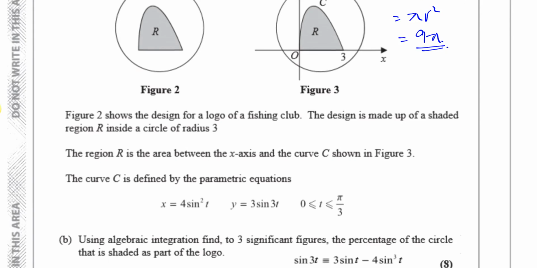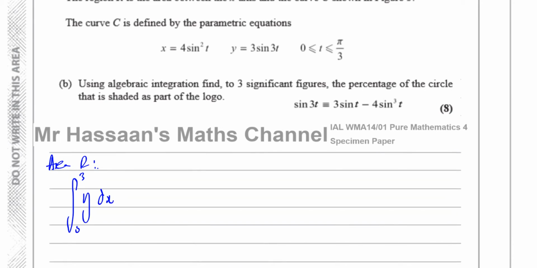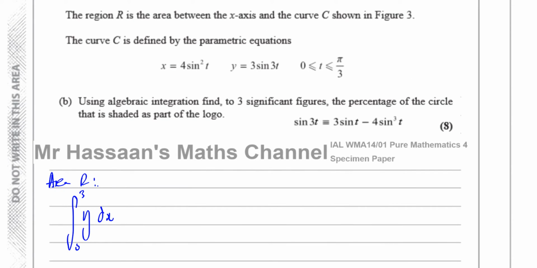But we have been given this equation in parametric form. So for us to do this, we have to basically use this other parameter t. So I'm going to write, similar to substitution, dx/dt dt. Now I have to change these limits in terms of t. I'm going to call them t1 and t2 right now. I have to change the limits in terms of t because I'm integrating with respect to t.